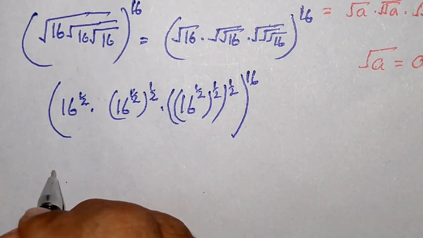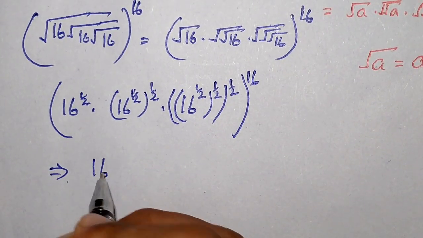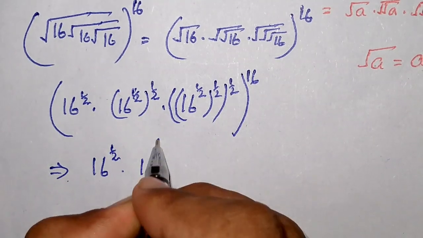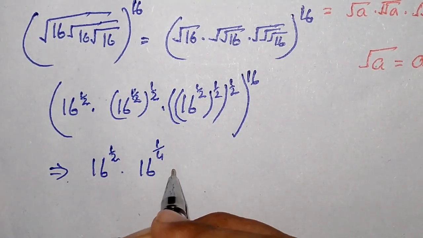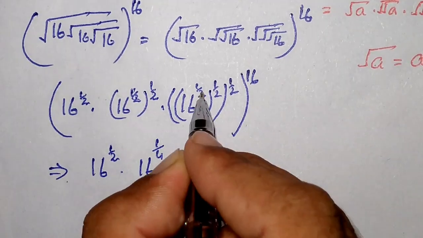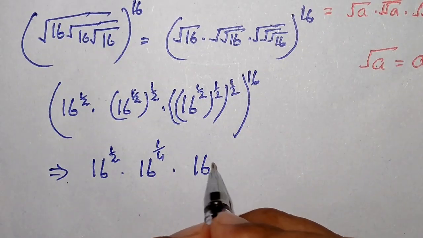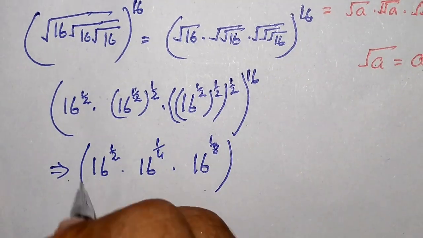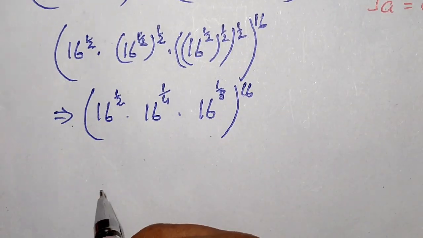In the next step, 16 to the power of 1 over 2 times 2 is equal to 4, so 1 over 4, and 16 to the power of 1 over 2 times 2 times 2 is 8, so this is 1 over 8, and this is to the whole power of 16.